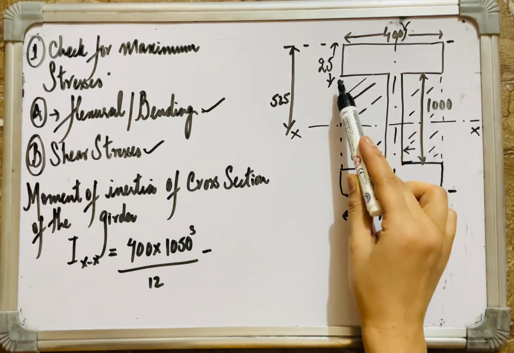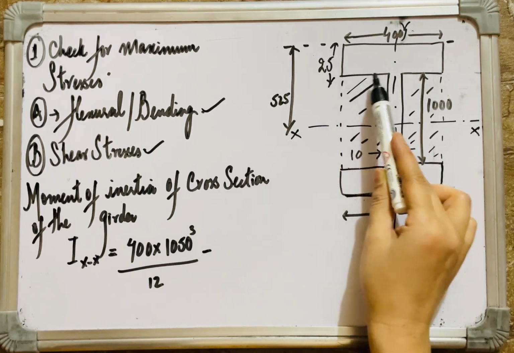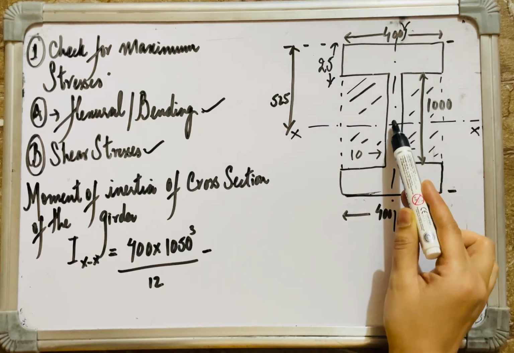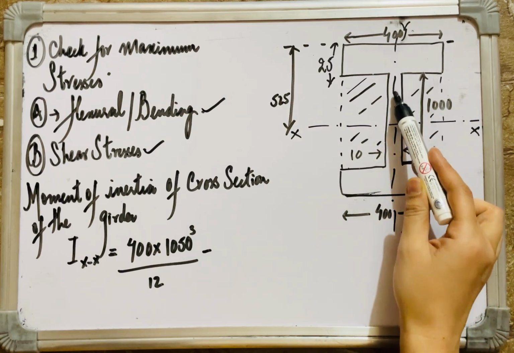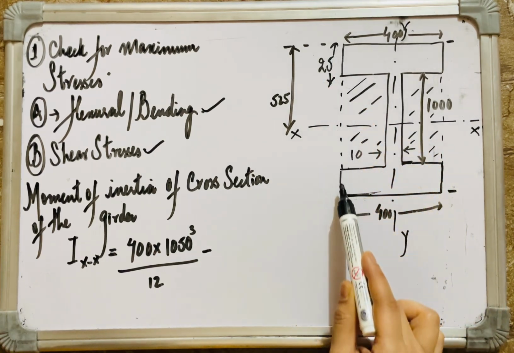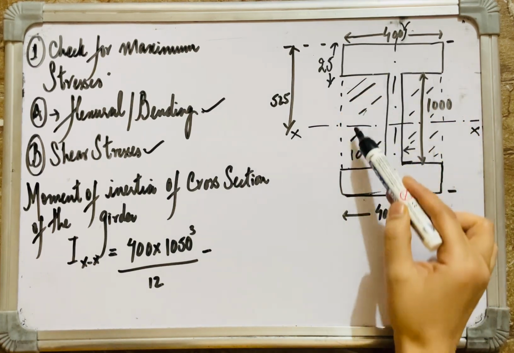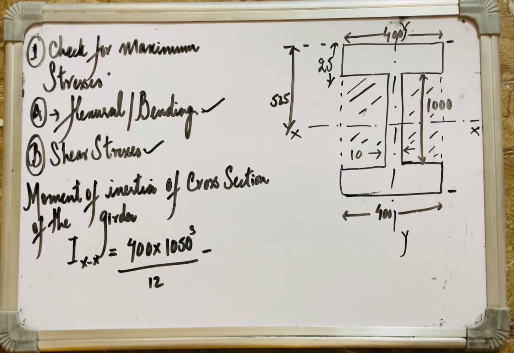But please note, this is this whole rectangle excluding this part, excluding the web plate of the I section. I have calculated the moment of inertia of this whole rectangle. Now I'll be subtracting this portion, and then I'll be having the moment of inertia of the I section.